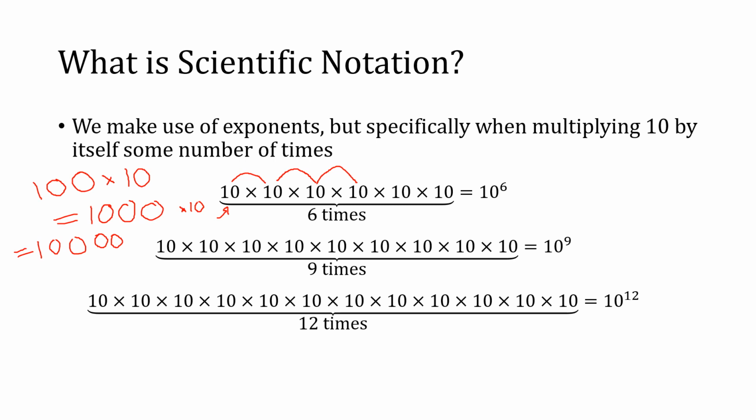When we started with just a 10, we had a 1 followed by a 0, right? Then we multiplied it by 10. We got 100, so that's a 1 right here, followed by 2 zeros. Then we multiplied it by 10 again, and that's 1,000, which is a 1 followed by 3 zeros.